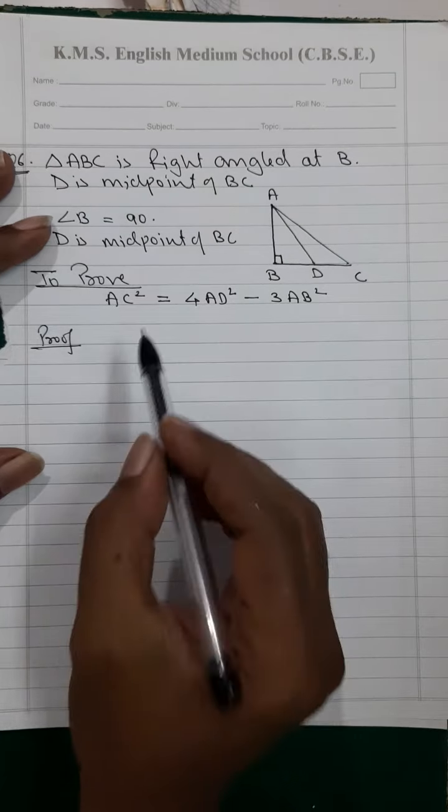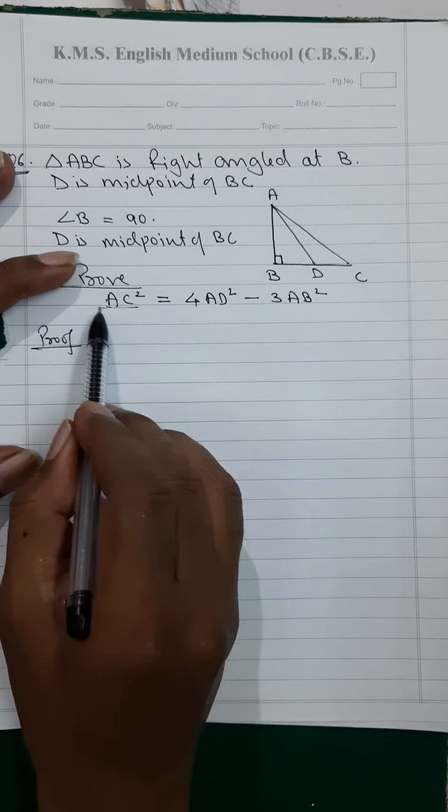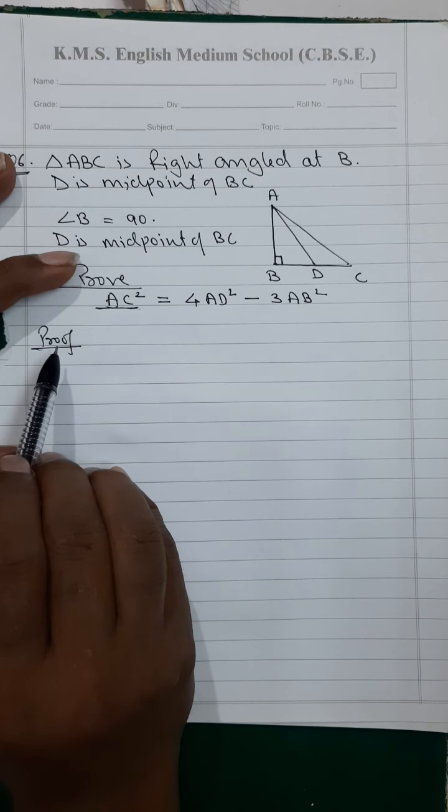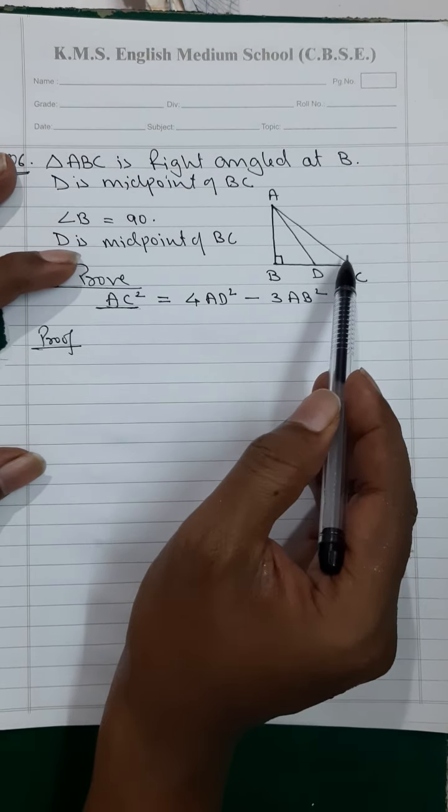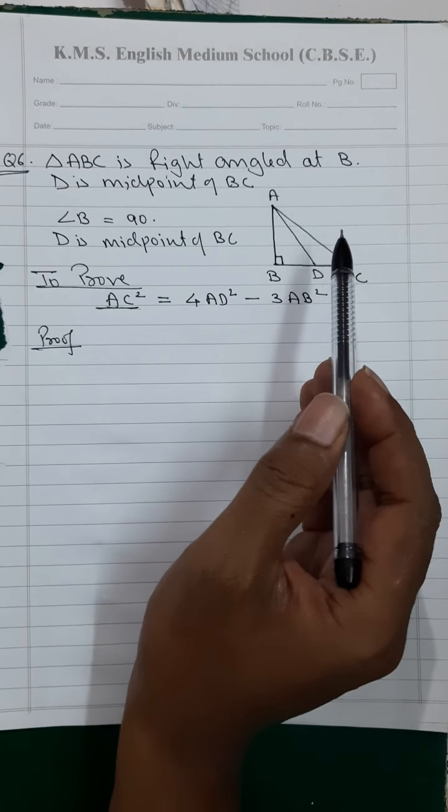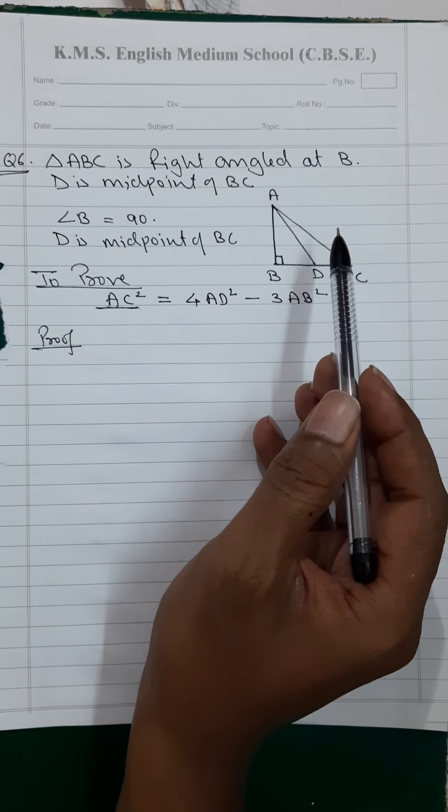See here, now if I have to find the left hand side, I can frame very easily. If I have to frame for AC square, where can I get an expression for AC square? In which triangle, which theorem, which property can I use?